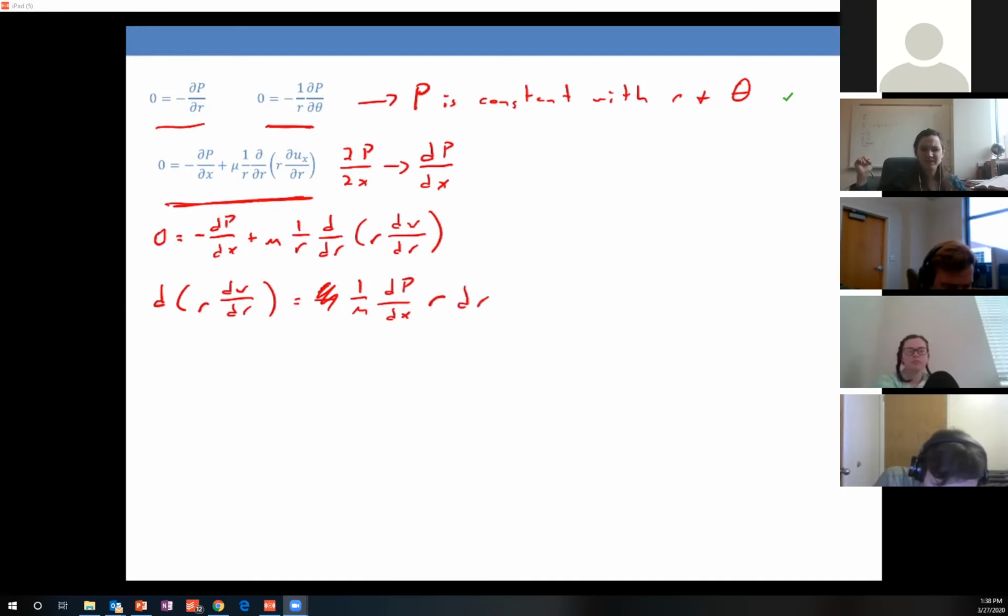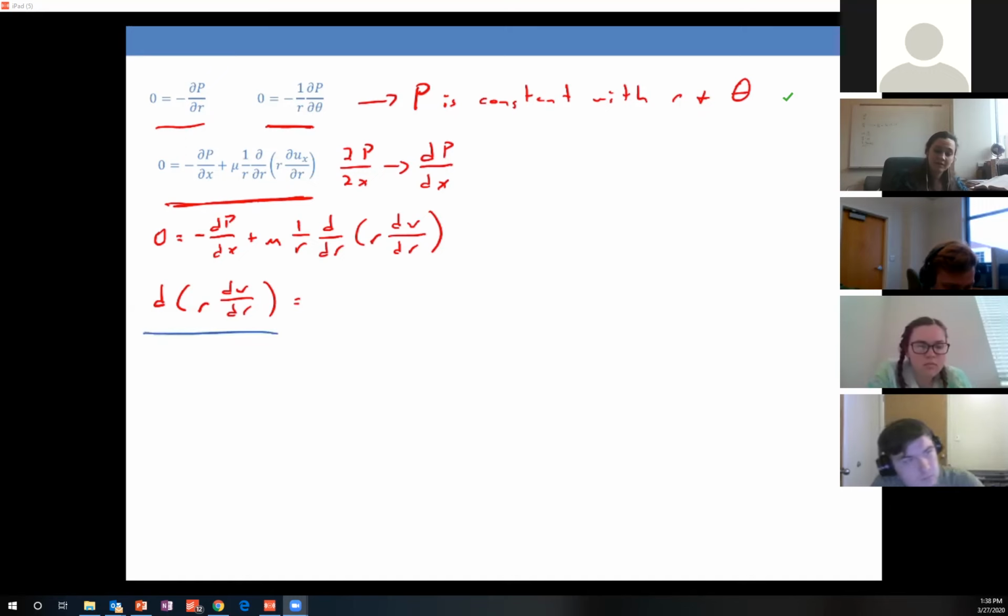All right, that was just some algebra. Is anyone not comfortable with the algebra I just did? I'm going to need a little bit of explanation. Okay, so I wanted to get dr over on a side and then r dv dr over on a side, so that I can separate and integrate. I just put r dv dr over on this side, and then I put everything else over onto the other side.